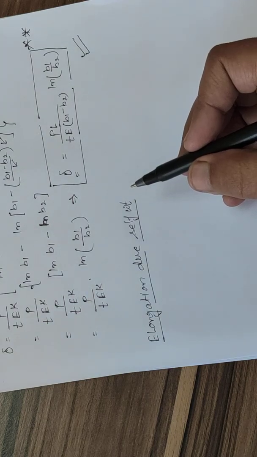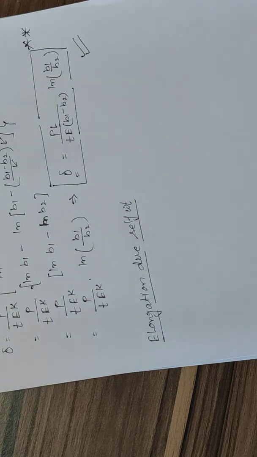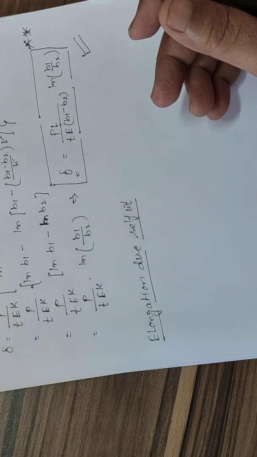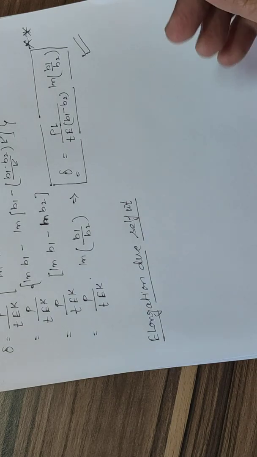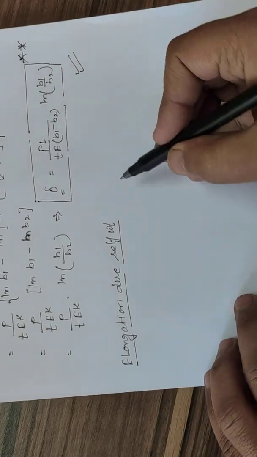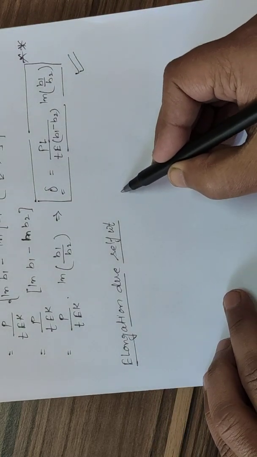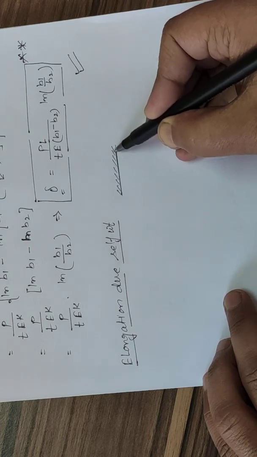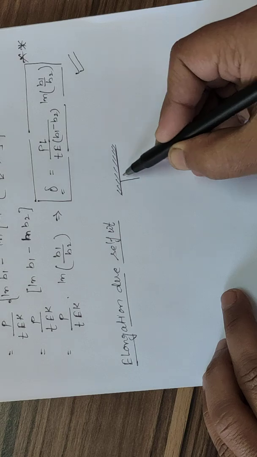Okay. So here we have a member, and this member is attached to the wall, or we are having a rigid attachment.